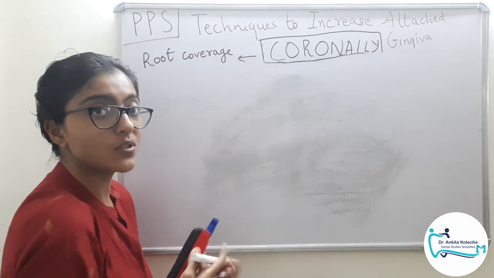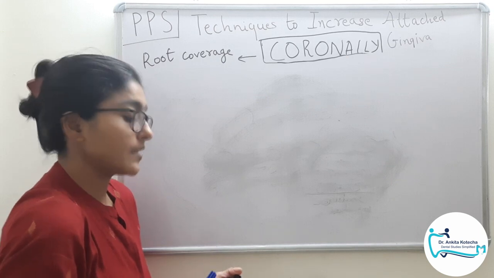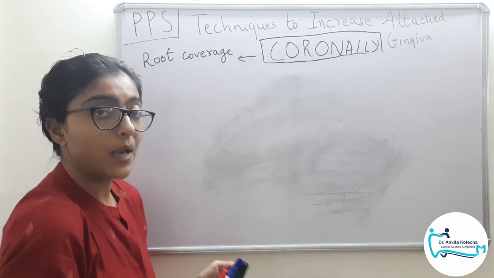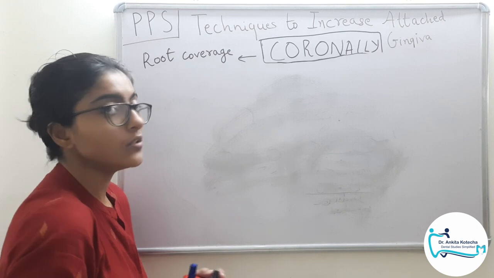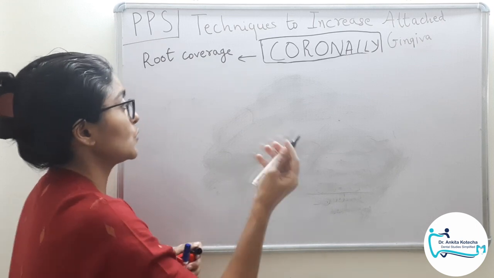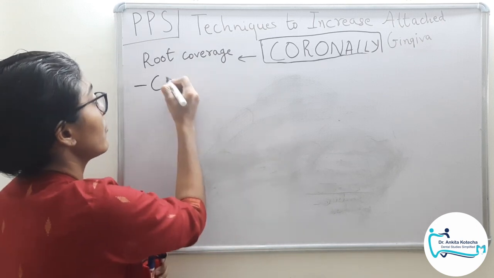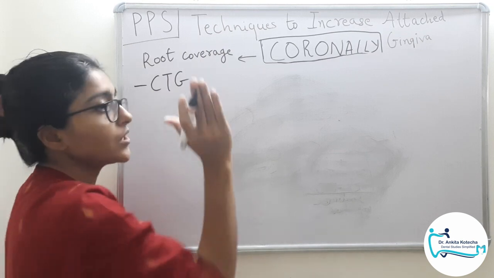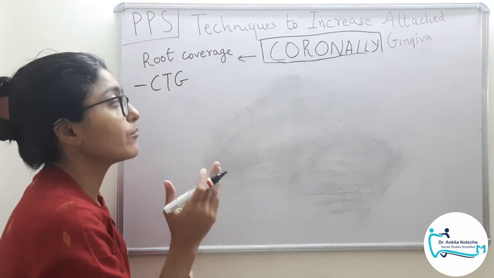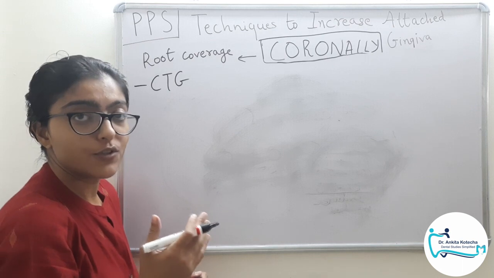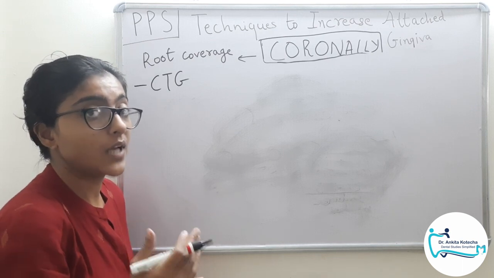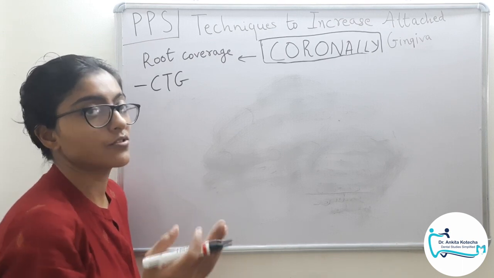how to prepare those pedicle flaps, that is laterally positioned flap, double papilla flap or coronally positioned flap. We have already discussed how to procure connective tissue graft in my video on free connective tissue grafts and apically positioned flap to increase the width of attached gingiva.